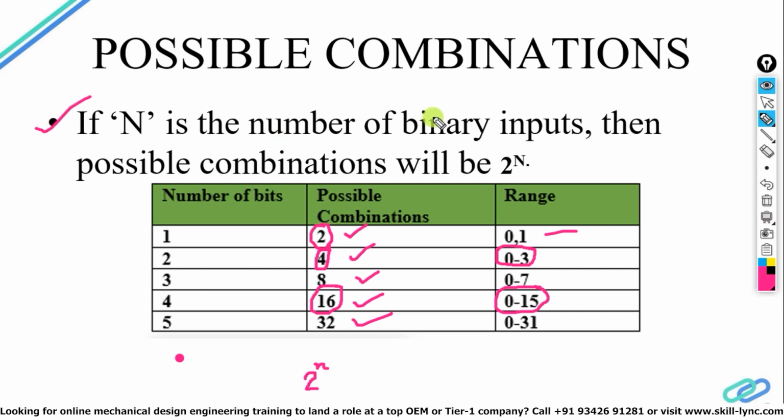If n is the number of binary inputs, then the possible combinations will be 2 to power n. This is the most important thing, because in digital electronics, whenever you have to make the combinations, then you have to go with this rule. N bits is having the 2 to power n combinations. Now after the possible combinations, the next thing is that, for example, you are having the 8 possible combinations.